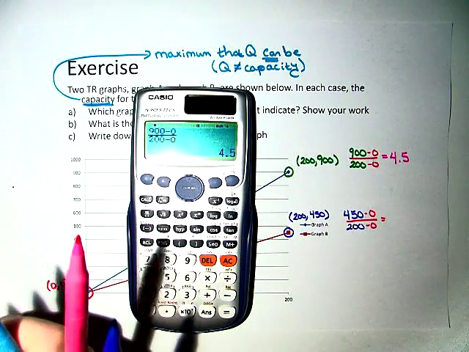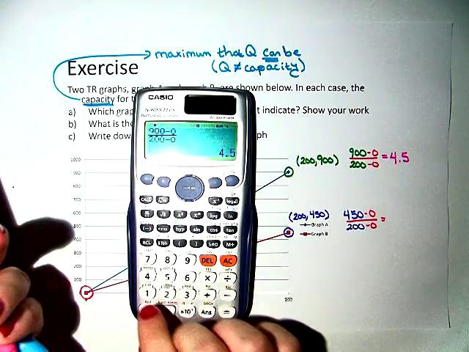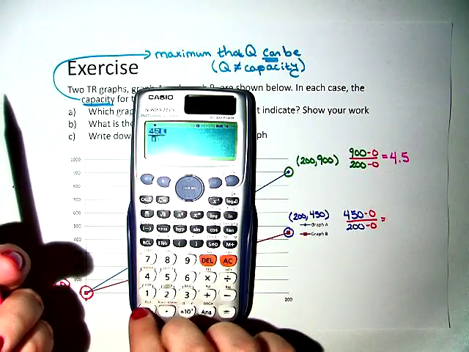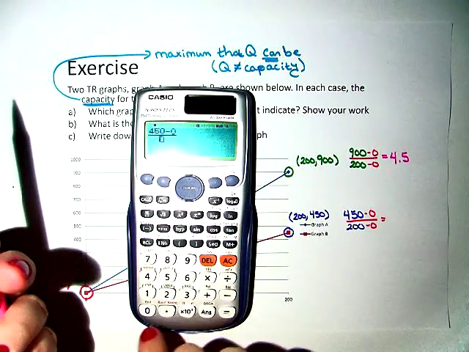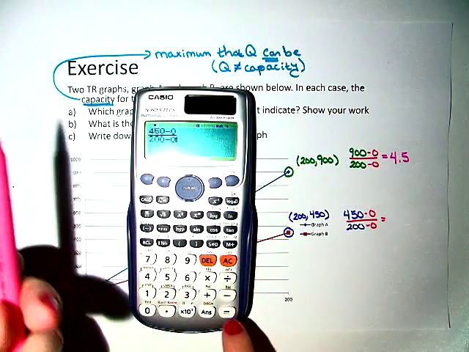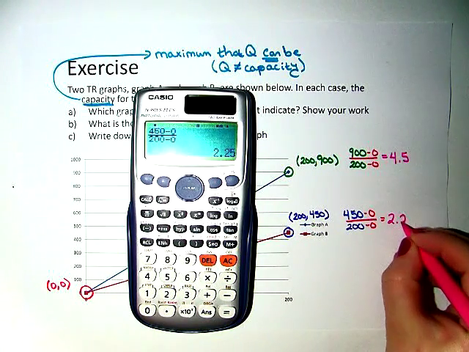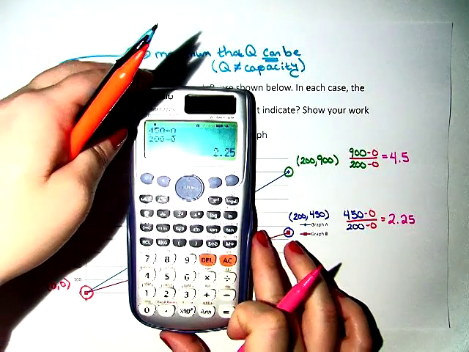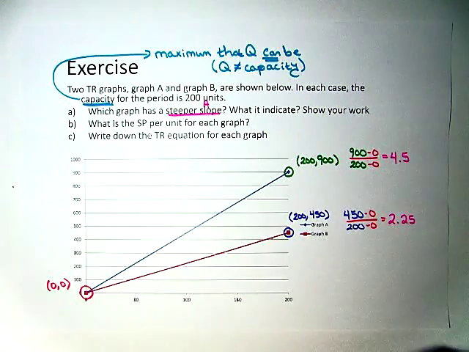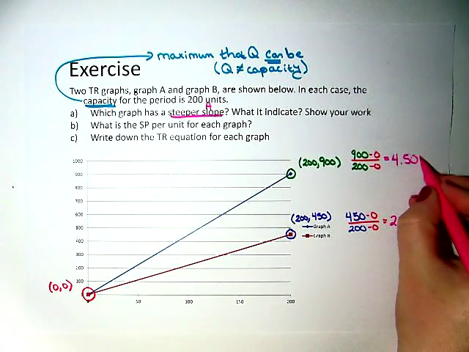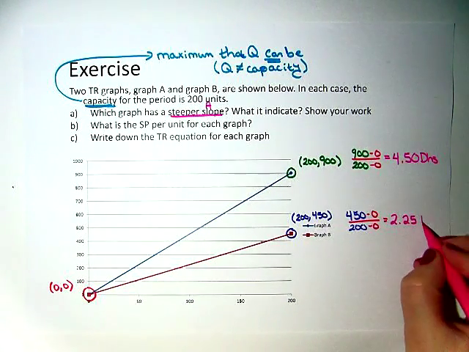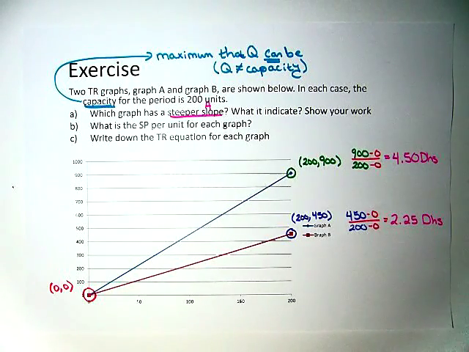And that gives me a slope of, let's do it, 450 minus 0 over 200 minus 0. That gives me a slope of 9 over 4, or 2.25. Okay, so let's look at this. What is the selling price per unit for each graph? Okay, so this is 450 dirhams, and this is 2.25 dirhams.